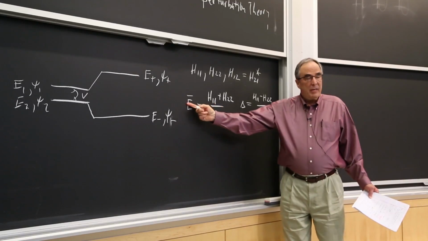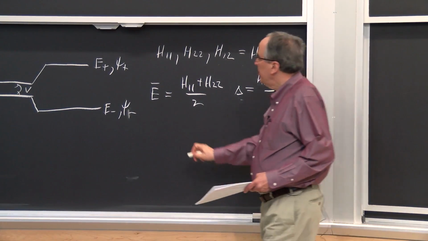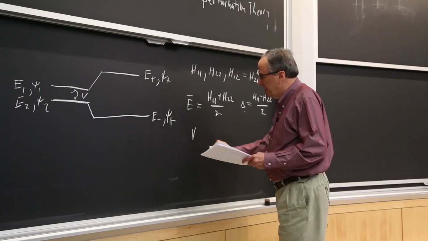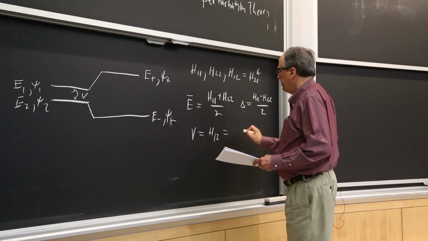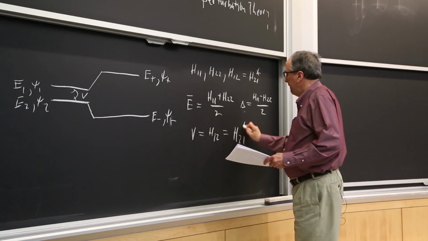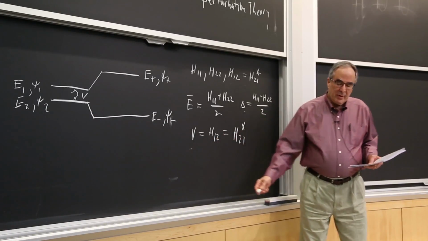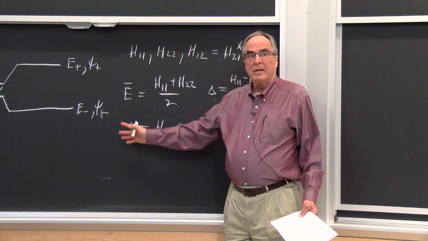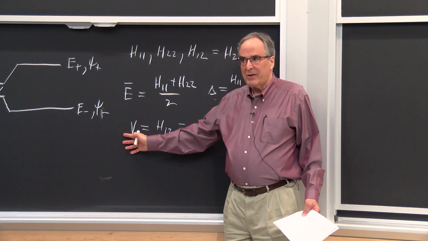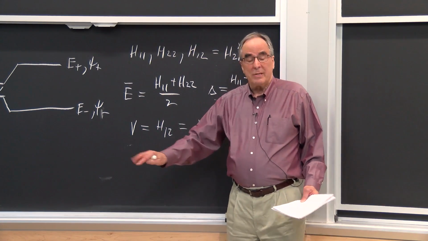So we have E bar and delta. And we have the interaction energy, which is H12. And we call it V. And we have to be a little careful because V could be complex or imaginary, but for now, we're just going to treat it always as real.